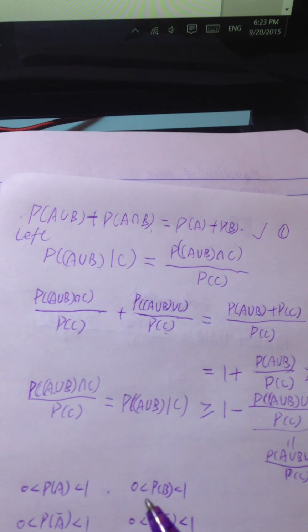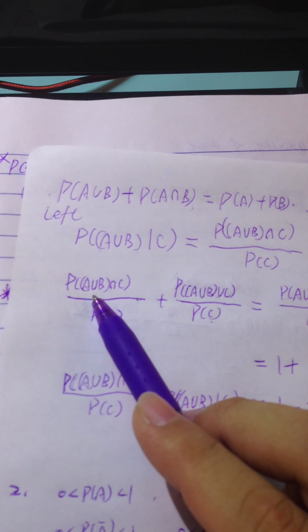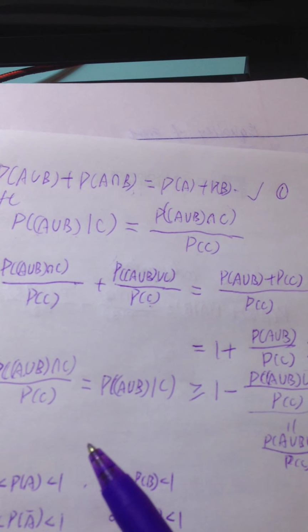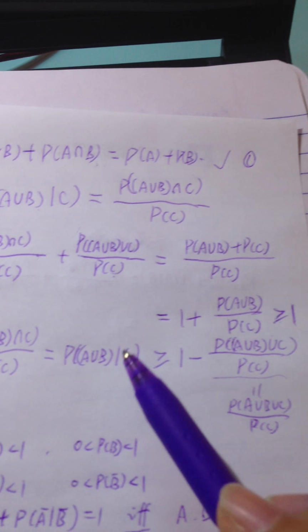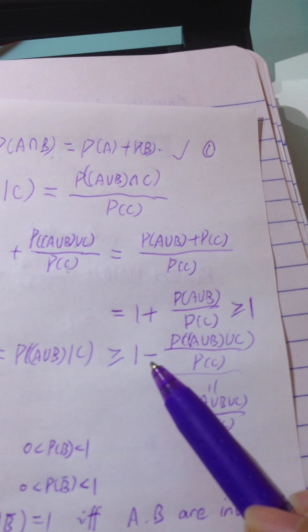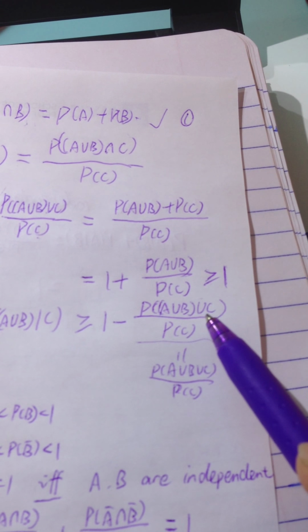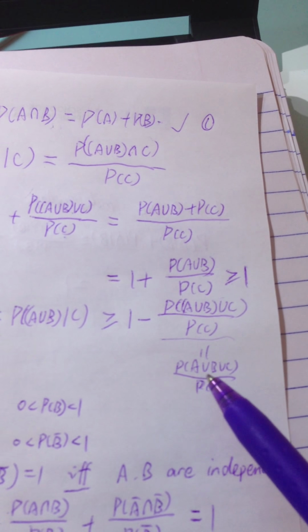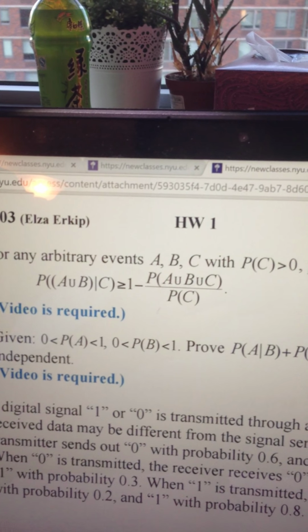Then we know the probability of (A union B) intersection C over the probability of C, which is the probability of A union B given C, is no less than 1 minus the probability of A union B union C, over the probability of C. It equals this format. So till now we have proved that the formula in this question is correct.